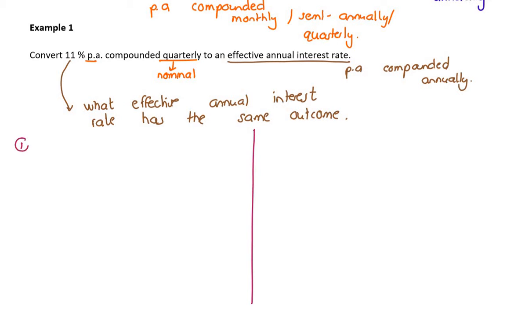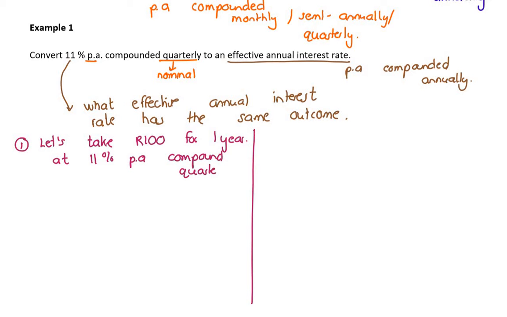The first method is to say, let's take 100 Rand and put it into an account for 1 year, and let's add interest on the interest that was given to me. So let's take 100 Rand for 1 year at 11% per annum compounded quarterly, because that was what was given to me.